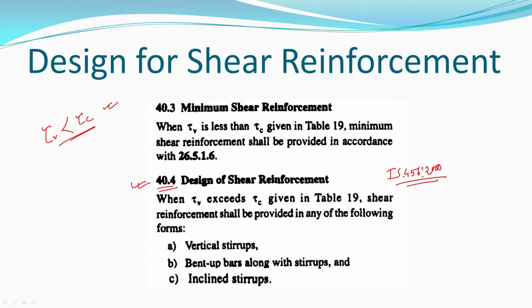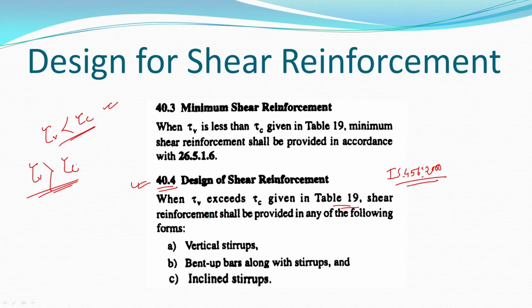Okay, now when tau v exceeds tau c, that means when the value of tau v is greater than tau c, and the tau c value is given in Table number 19. In such conditions, that means tau v is greater than tau c, then shear reinforcement shall be provided in any of the following forms.